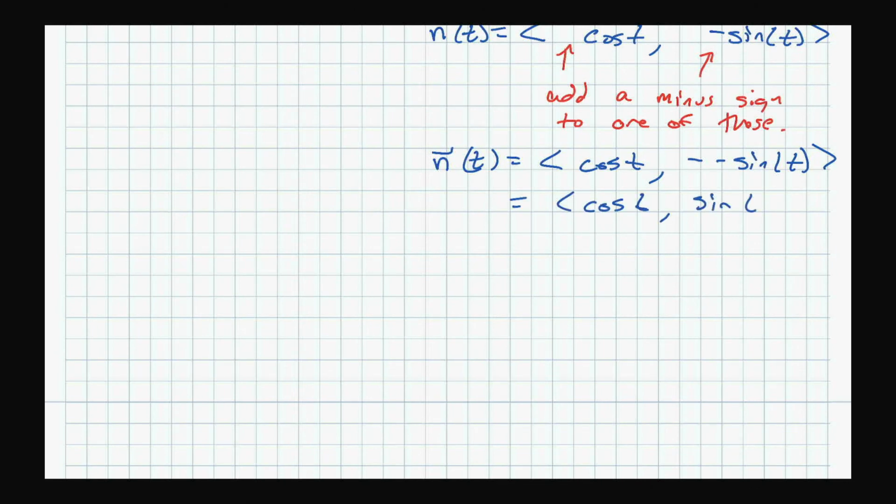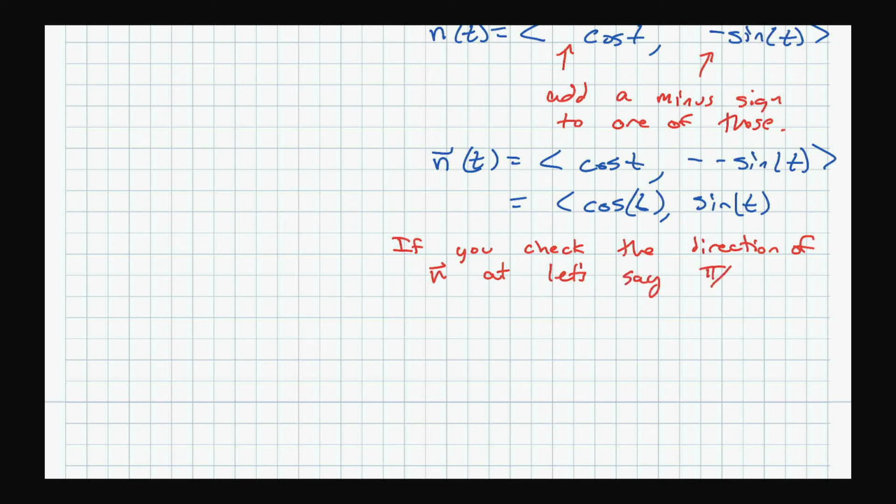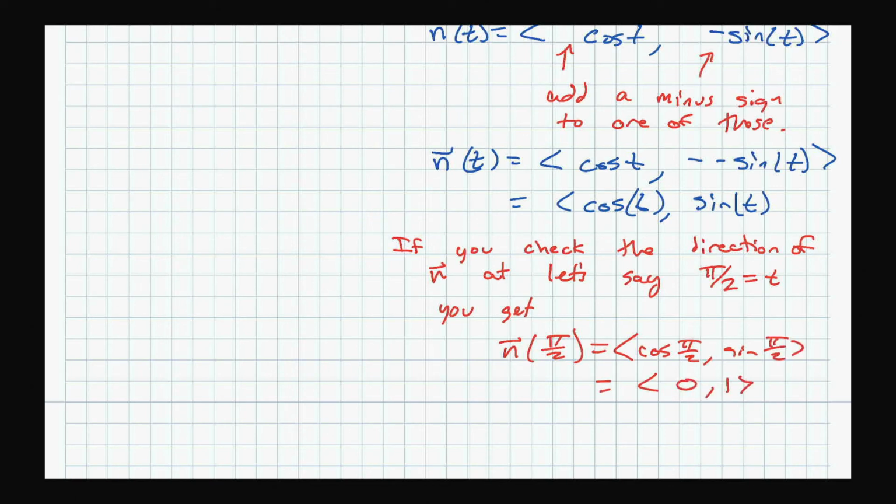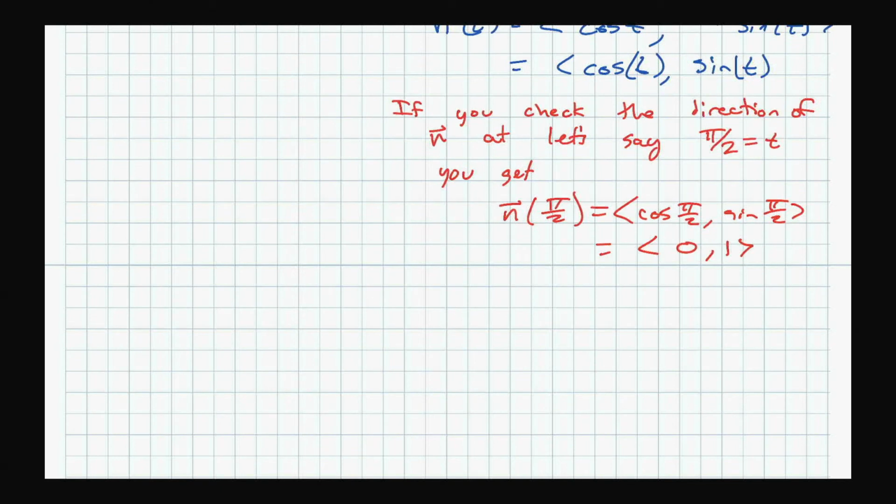For example, if you check the direction of n at, let's say, t equals pi over 2, you get n of pi over 2, which is cosine pi over 2, comma, sine pi over 2, which is 0, 1. And that's up, right?